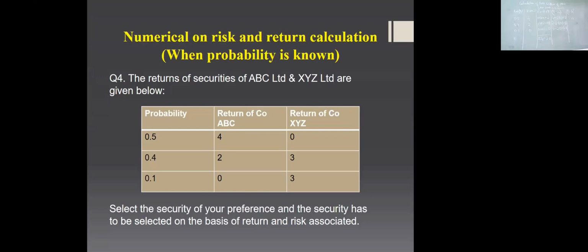As I told you in the earlier class, when you get a negative sign and then square it, minus into minus will become plus. So 0.8 square is 0.64. 2.8 square is 7.84.